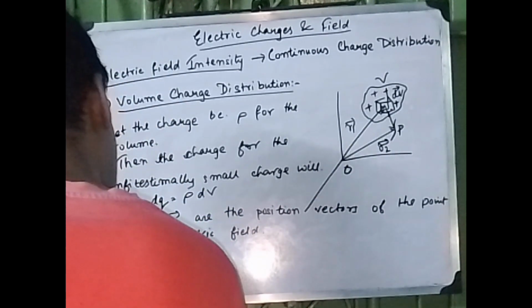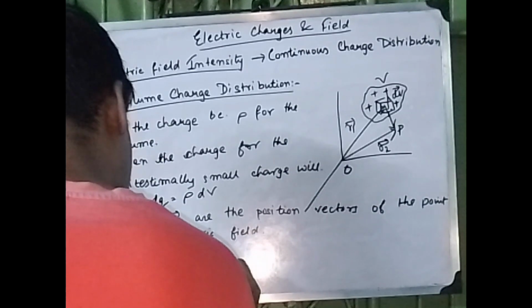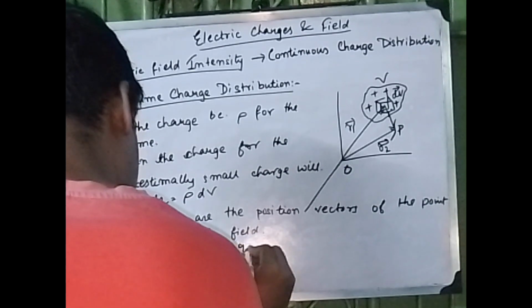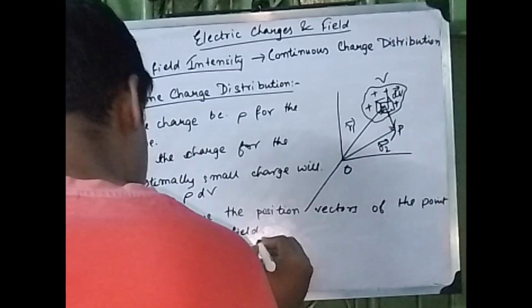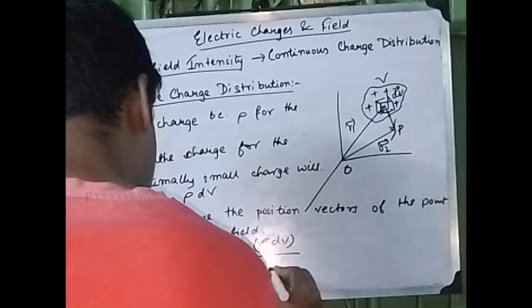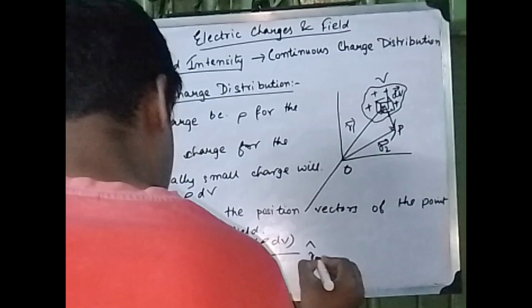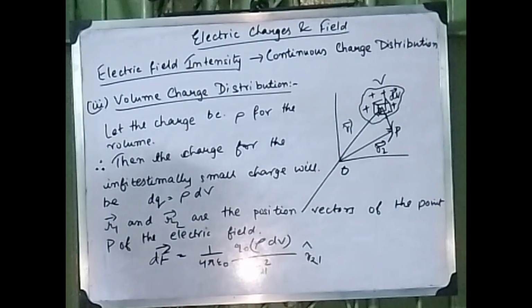Then the force due to the volume dV is given as d vector F equals 1 by 4 pi epsilon naught q naught rho dV divided by r21 square unit vector r21.